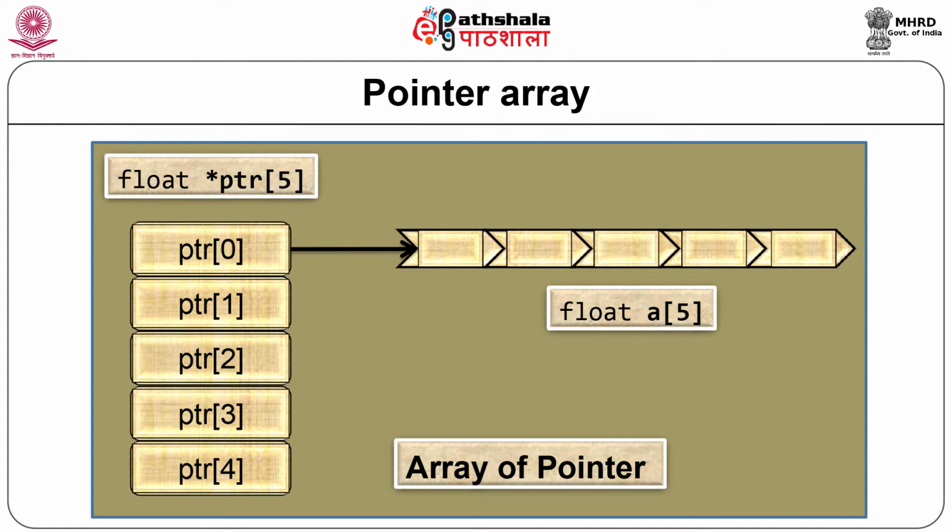So, the first element of the array is pointer 0, the second element will be pointer 1, the third will be pointer 2, the fourth will be pointer 3, and the fifth will be pointer 4. This is called an array of pointers. Instead of storing direct values in the array, here we are storing memory addresses of the pointers in the array.